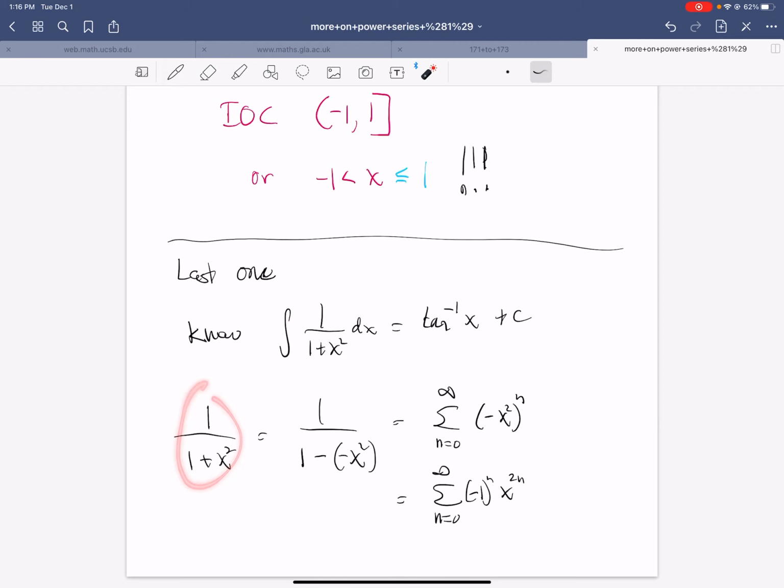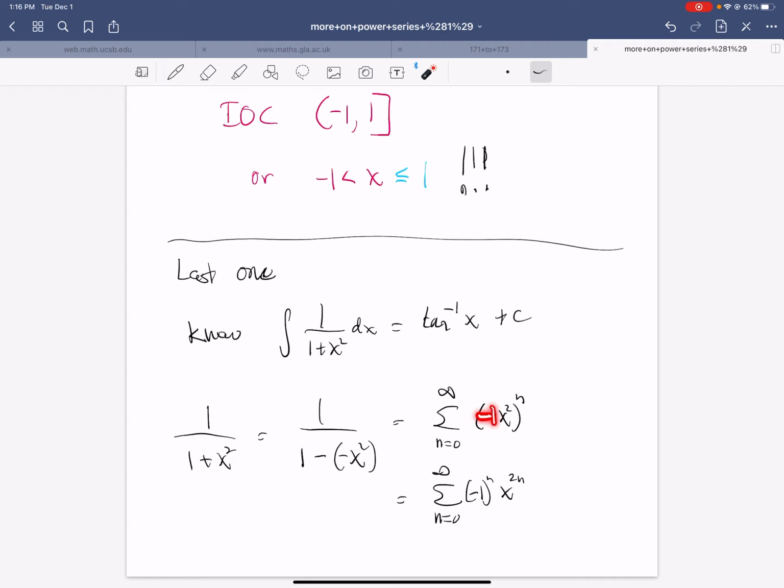Well, for 1 over 1 plus x squared, remember, I need 1 over 1 minus r. And so I need to build that minus in there. That was the big thing from a number of pages ago. But it's a plus, so I'm going to make it minus negative x squared. And then in the formula for geometric, remember the sum is just x to the n, I'm going to replace the x with negative x squared. So there's that.